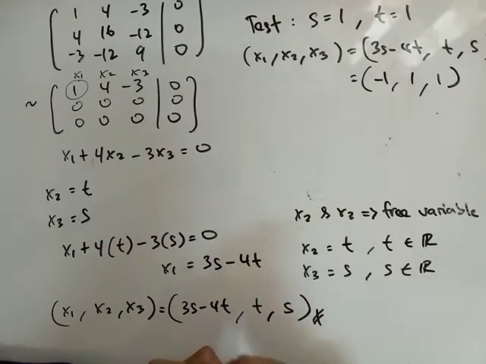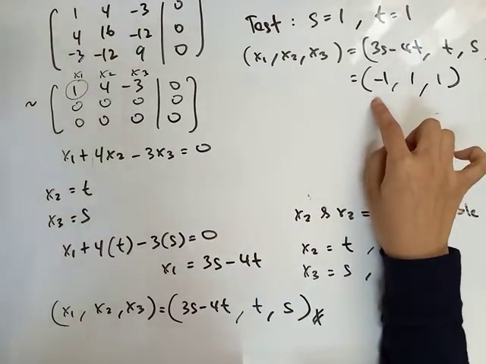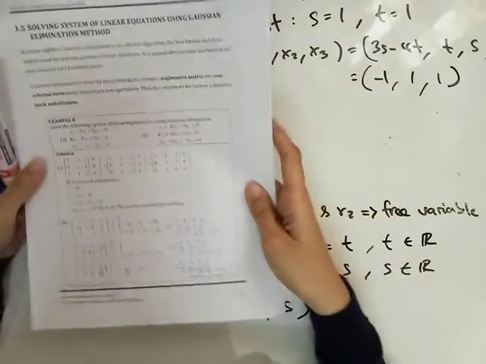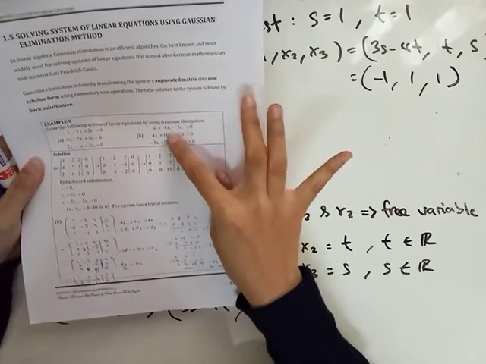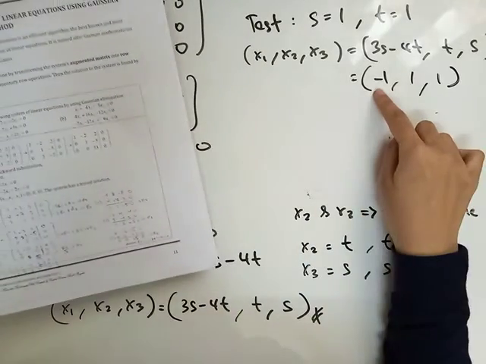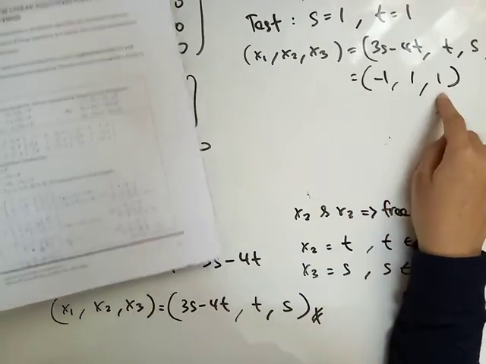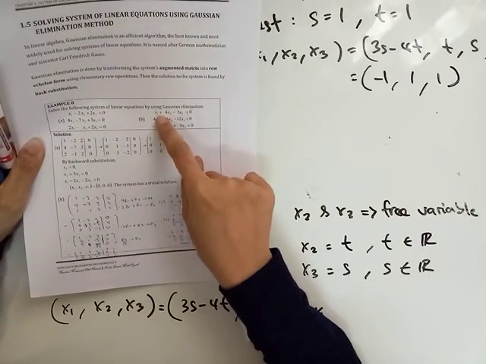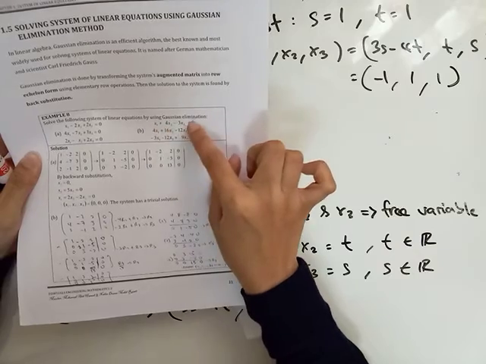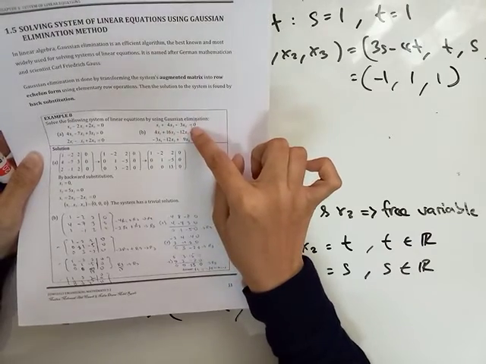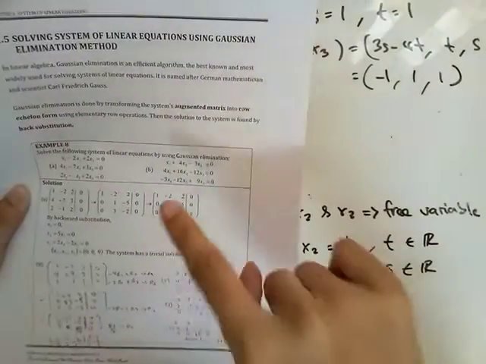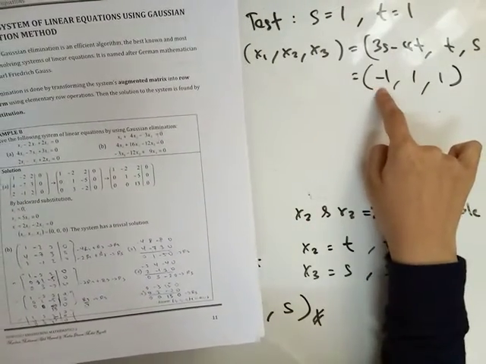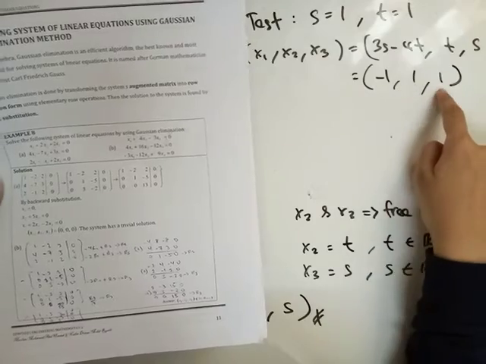We need to test to check, based on the equation from question B. We know that this is x1, x2, x3, then try substituting into this linear equation. Negative 1, 1, 1: x1 is negative 1, x2 is 1, x3 is 1.